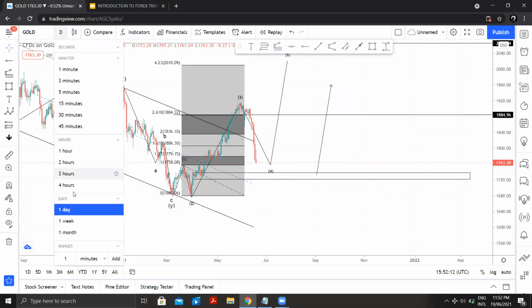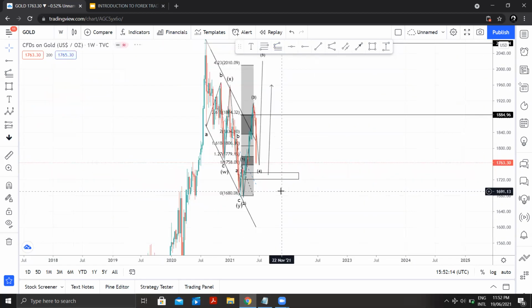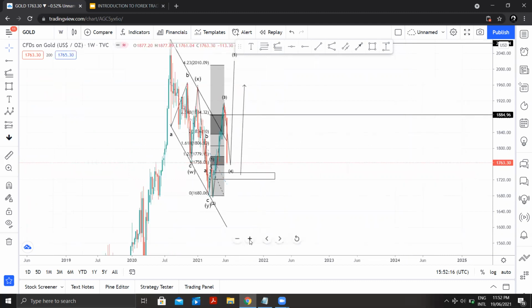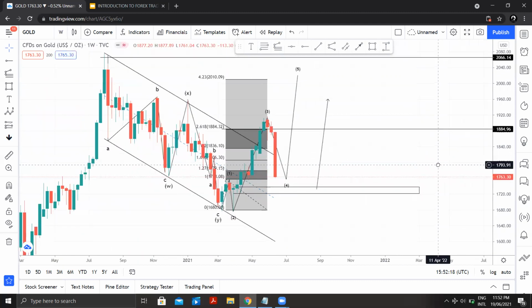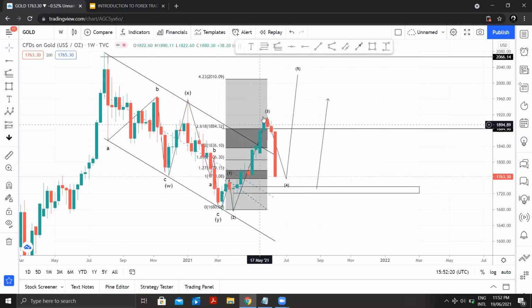Let's check the weekly time frame. Looking at the weekly, price went just a few pips above the 2.618 level and is dropping for wave 4. But this still gives me concern: I expect wave 4 to reject at the 0.23 level, but price has already broken the 0.23 level.